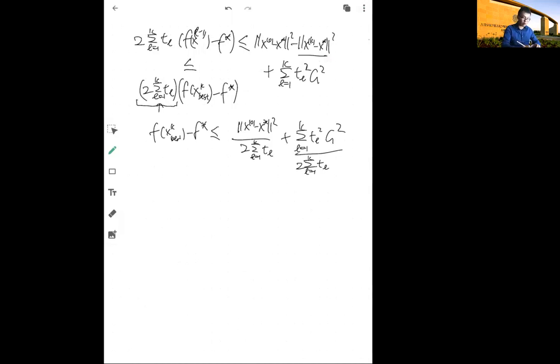Yeah, that provides the final bound, and if you substitute our condition on a diminishing t_L, we complete the proof. So is that clear to everyone?